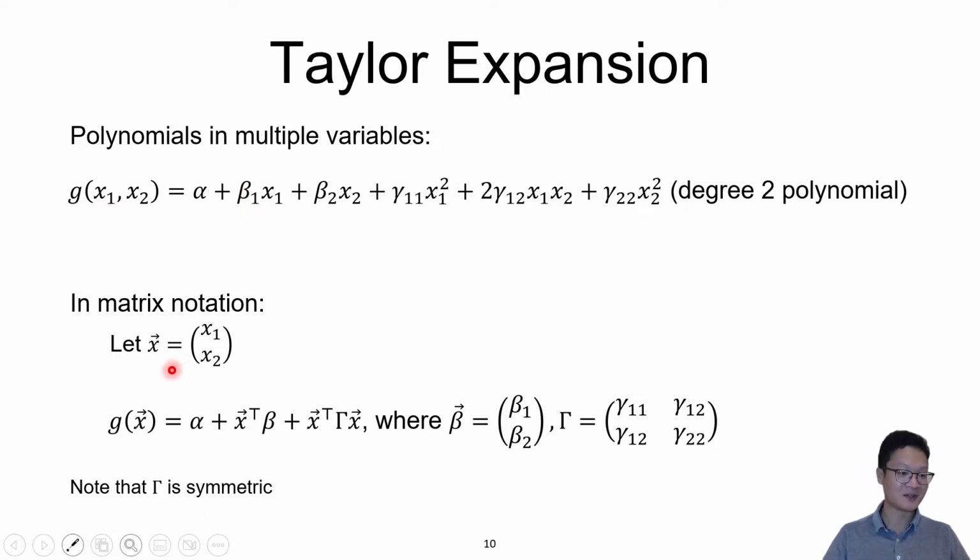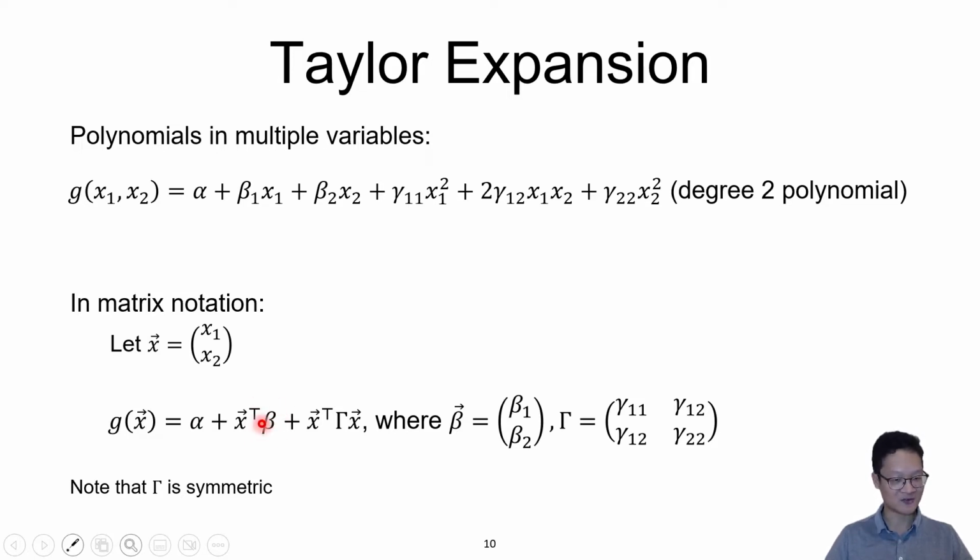So we're going to use vector matrix notation. We write the x vector as x1, x2. Instead of writing g of x1 comma x2, we write g of x vector, which is a constant alpha plus x transpose beta. The beta is actually also a vector.